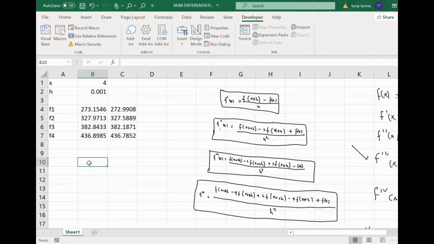So my third derivative evaluated at 4 was, copy this number, and paste it there. Now you need the third derivative when x is 0.